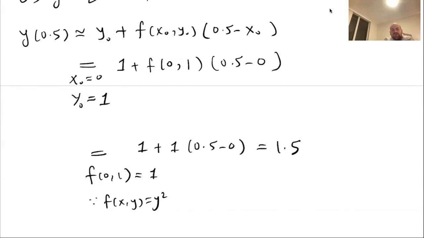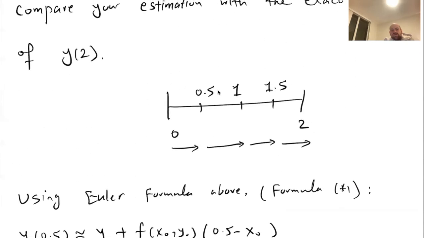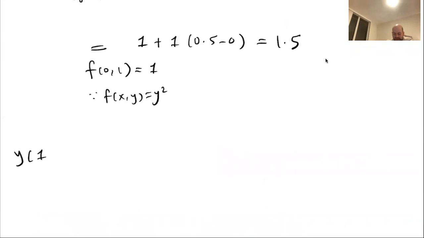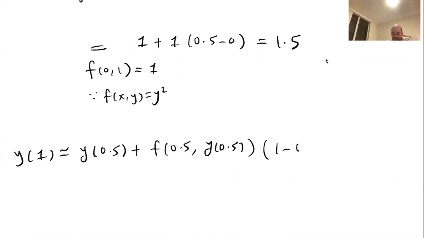Then we need to find an estimation for the next step, which is 1. So we already found the estimation for y of this point. Then we need y of this point, then y of this point, then y of this point. Now, what will be the estimation for y of 1? So y of 1 is almost equal to y of 0.5 plus f of 0.5 and y of 0.5 times 1 minus 0.5, using formula star.